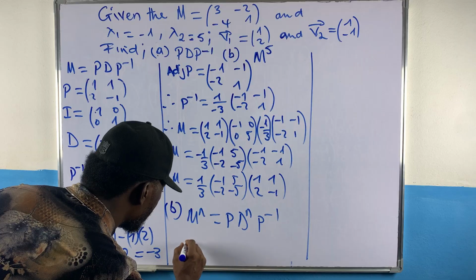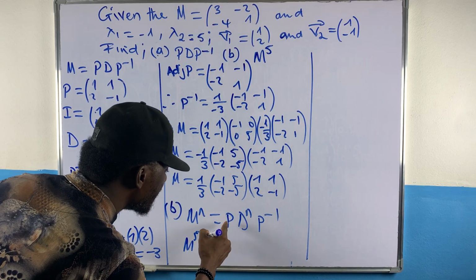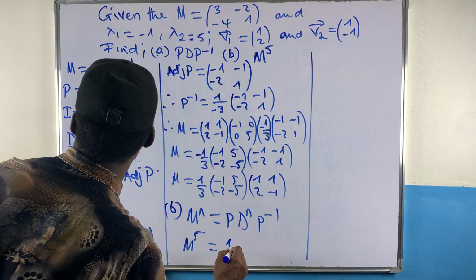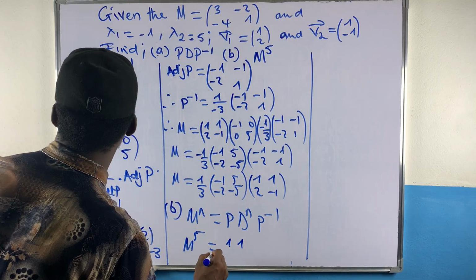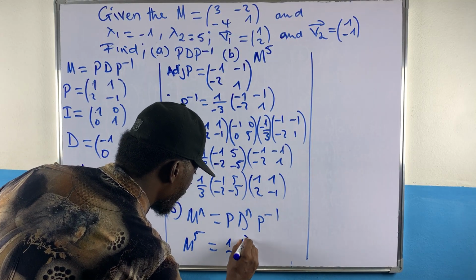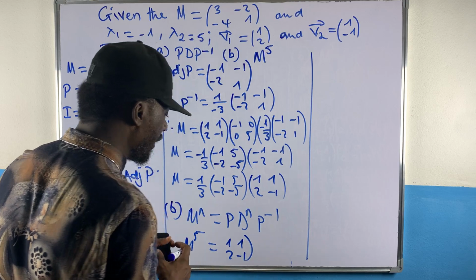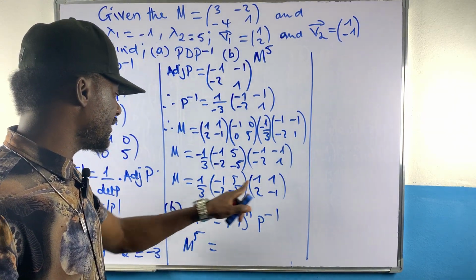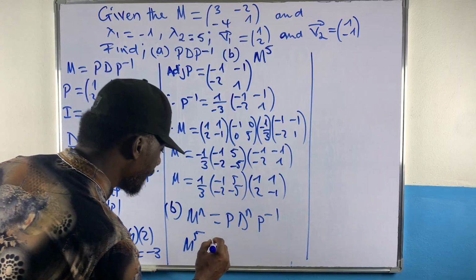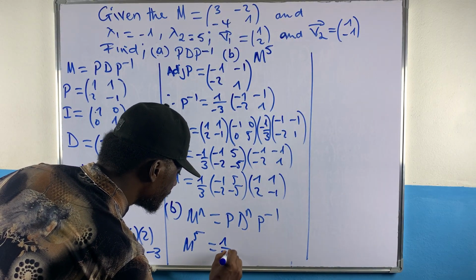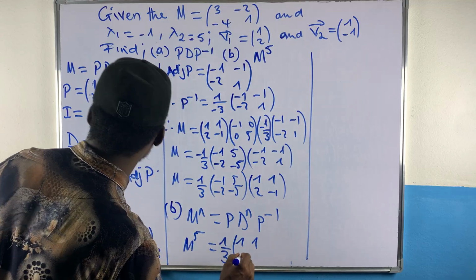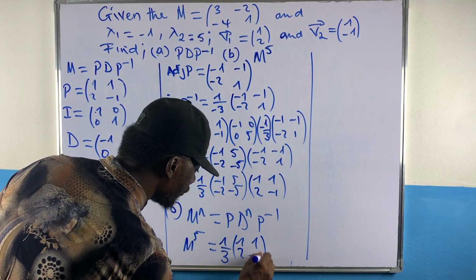So M to the power 5 will be the same as our matrix P, which we know as 1, 1, 2, negative 1. In fact, we have already seen that P inverse is this and this. So we have our 1/3. Our matrix P is 1, 1, 2, negative 1.